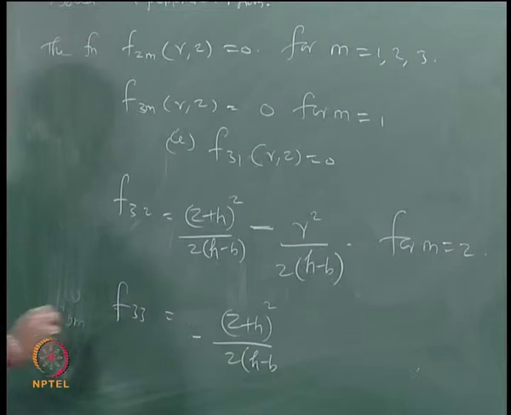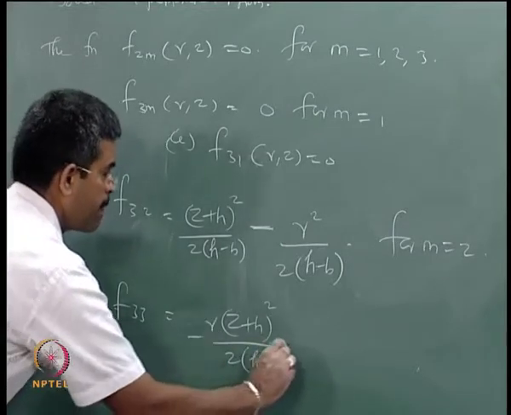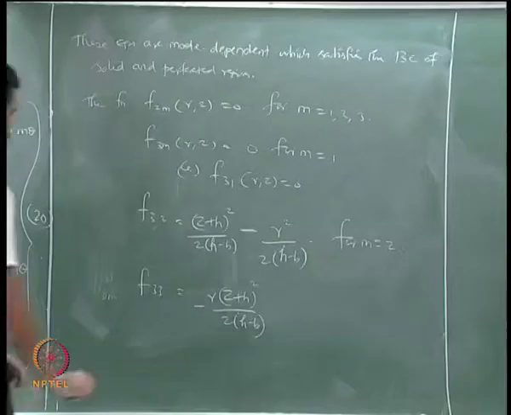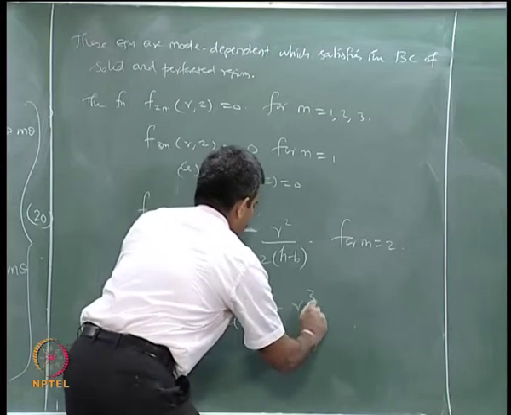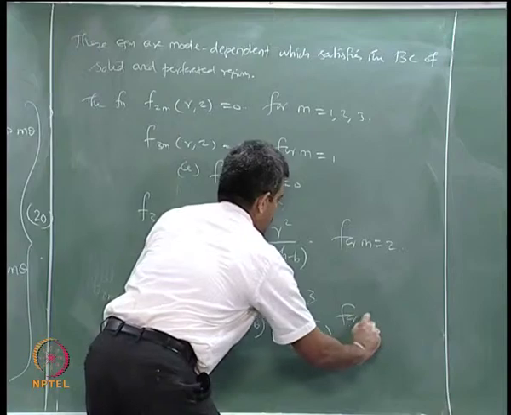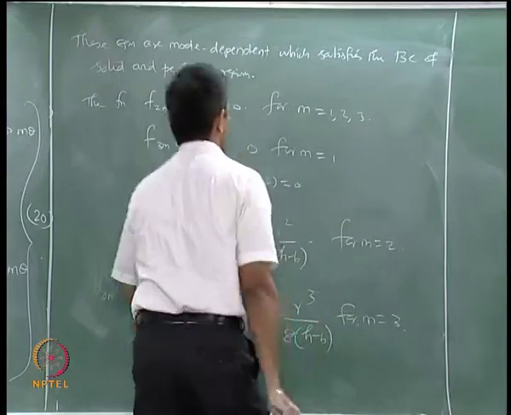Now there is a multiplier here, (r z plus) the whole square by h minus b, minus r cube by 8 of h minus b for m is equal to 3.